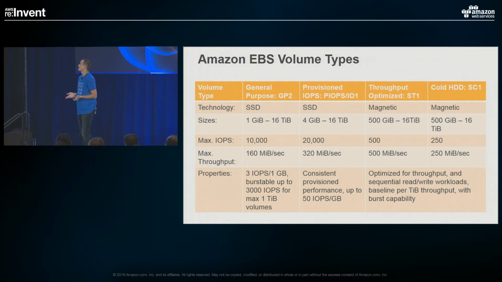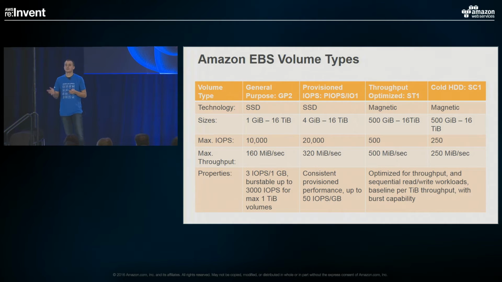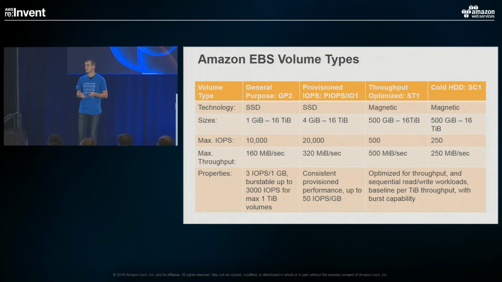Most folks will start deploying SQL Server using general purpose SSD. This works fine for most use cases where the load is somewhere average to high performance, but the key there being that it's variable, right? So there's some variability where you have spikes, you have valleys, and that works very well with EBS because it offers bursting capabilities.